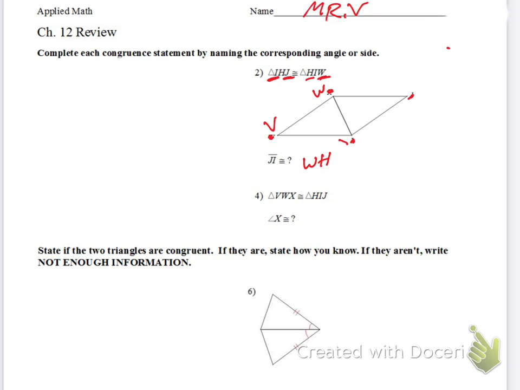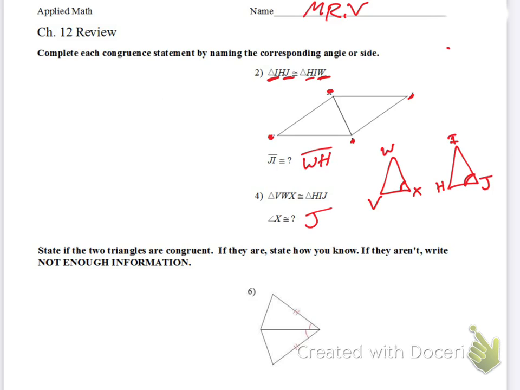So I have V, W, X, and then I have another triangle, H, I, J. So X, which is right here, is going to be equal to J. All right. And then I forgot the line segment sign right there.